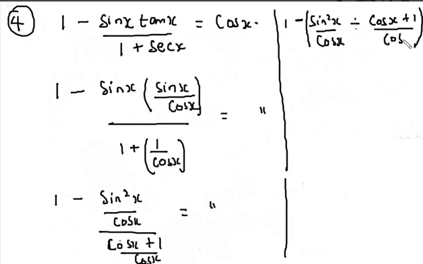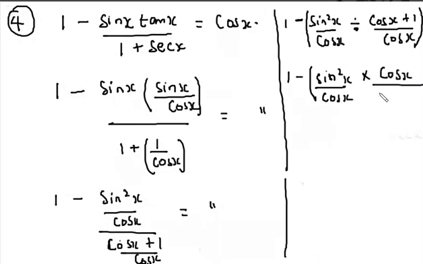Okay, so to convert this division sign to multiplication, we have to switch the numerator of this part and the denominator of this part. So this becomes 1 minus open bracket sine square x over cos x times cos x over cos x plus 1.